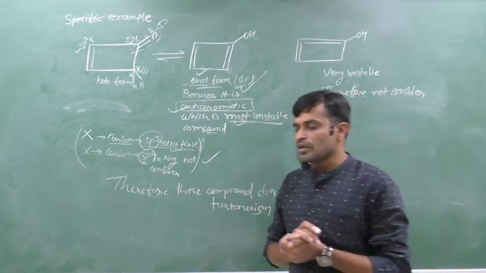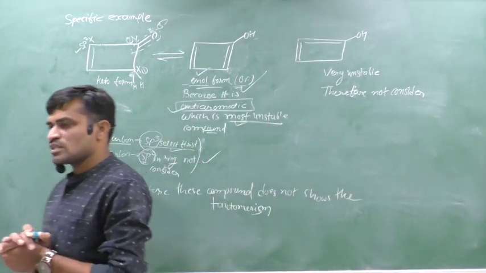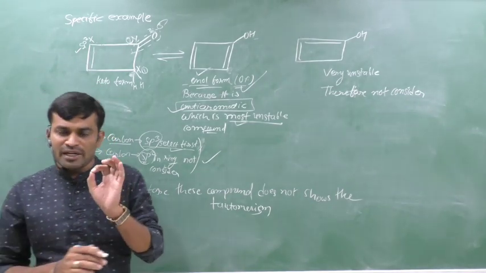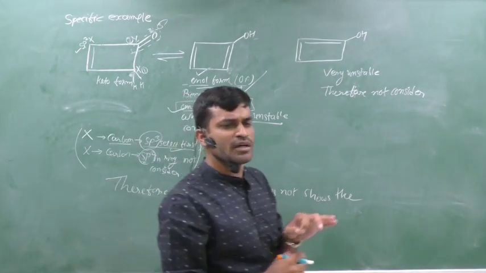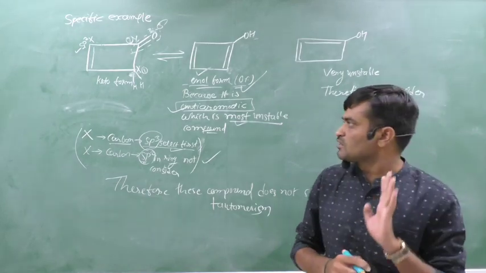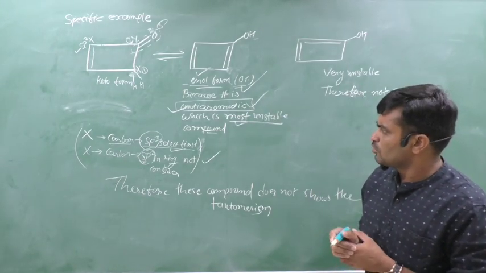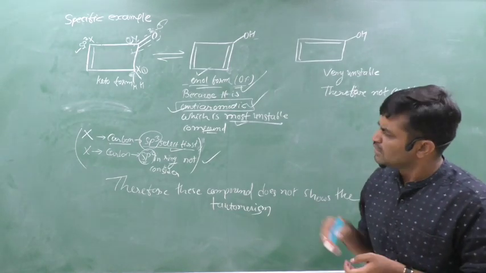Yes, compounds in organic chemistry are generally of three types due to aromaticity: aromatic compound, anti-aromatic compound, and non-aromatic compound. Then the question is which type of compound is aromatic? We can study it in this lecture.